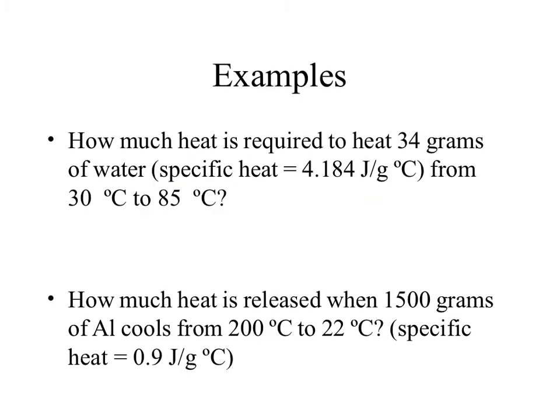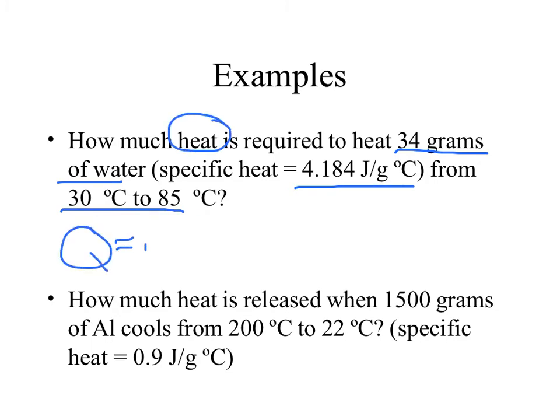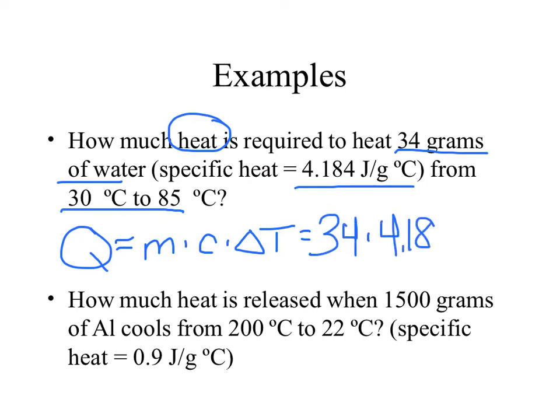So let's see if we can solve some specific heat problems. How much heat is required to heat 34 grams of water, which has a specific heat of 4.184, from 30 degrees to 85 degrees? It says how much heat, so we're solving for Q. M times C times delta T. Our mass is 34. Our specific heat is 4.184.